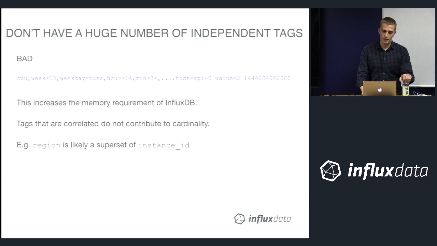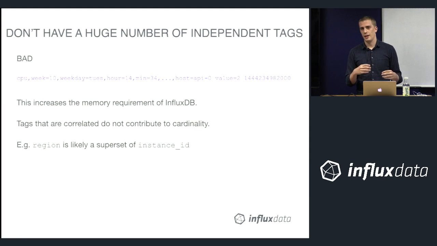The other thing is don't use a huge number of independent tags, and this goes along with don't use a UUID or something like that. The way InfluxDB stores the underlying data, or the way the tag set points to the underlying data, is that each series is identified by the measurement name plus the unique combination of each tag key and its tag value.